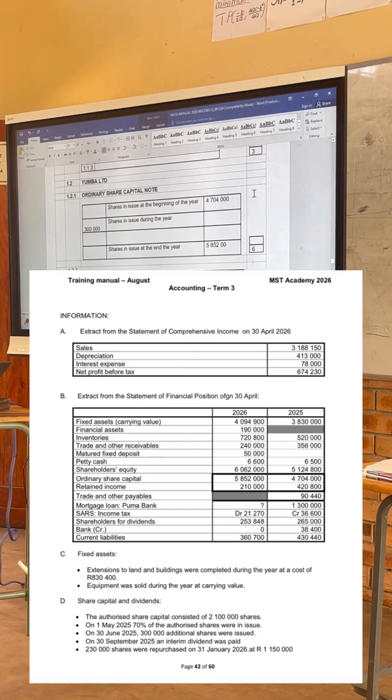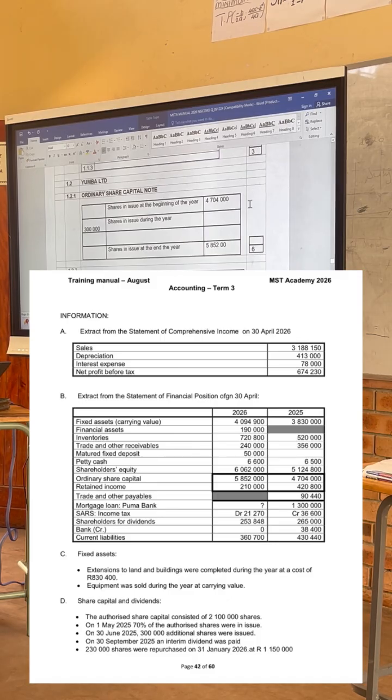And then we have shares in issue at the end of the year. Then we are given, on the answer book, there's a zero missing there. So you can just add a zero. There's a zero missing on the answer book.